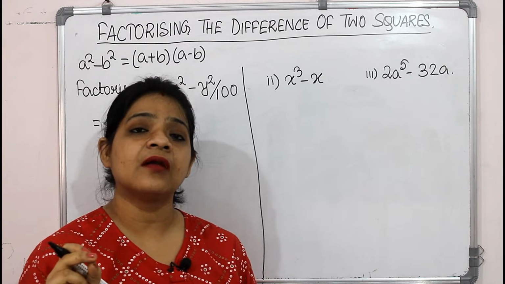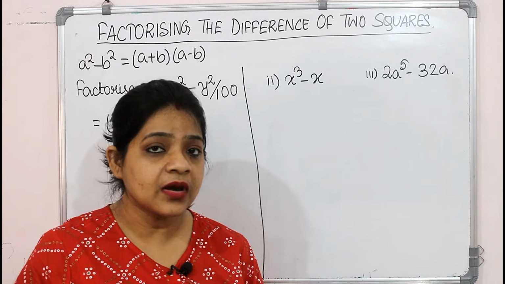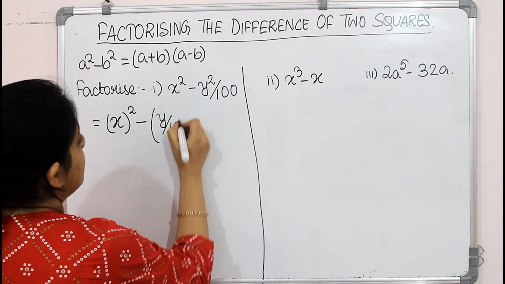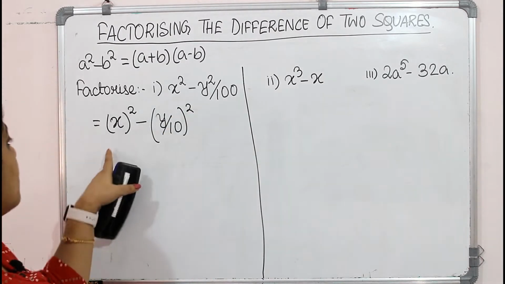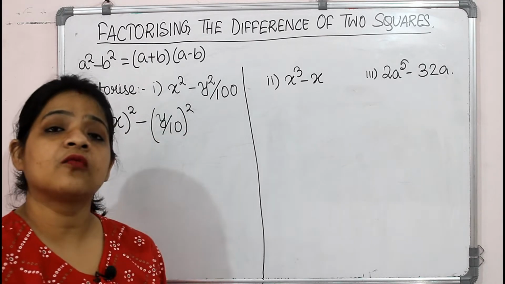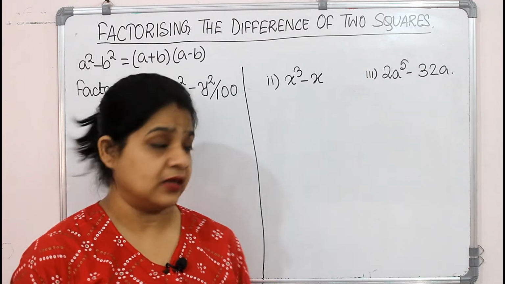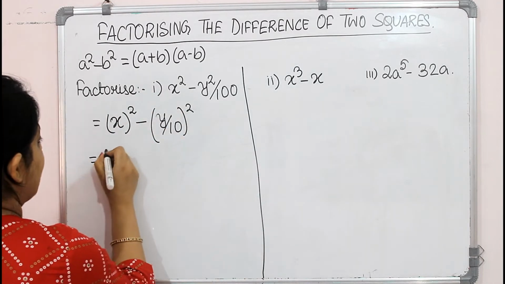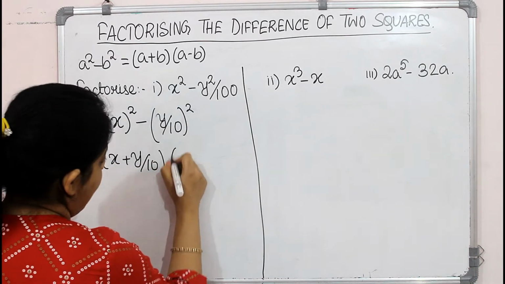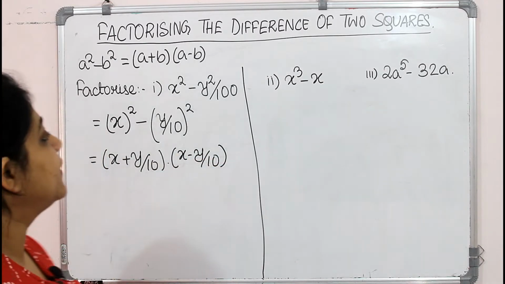We can write y square by 100 as (y by 10) whole square, because 10 square is 100. Now it appears in the form of a square minus b square, and the formula is (a plus b) into (a minus b). So we write it as (x plus y by 10) into (x minus y by 10). Okay, as simple as that.